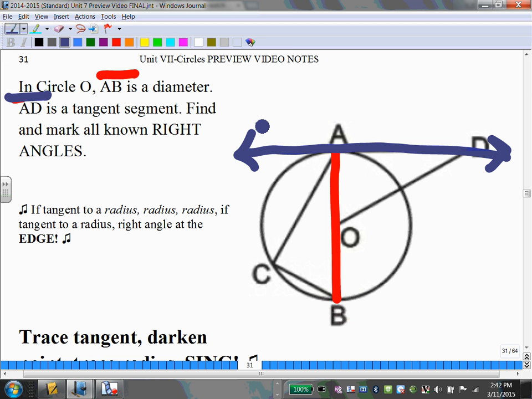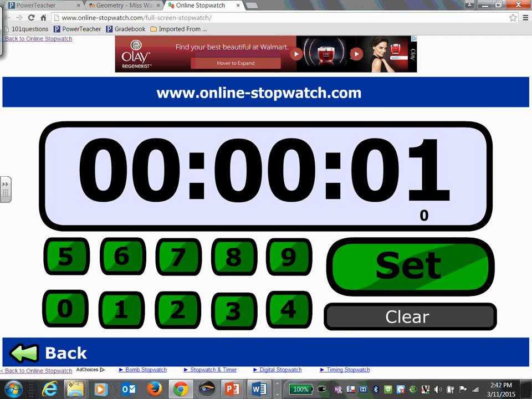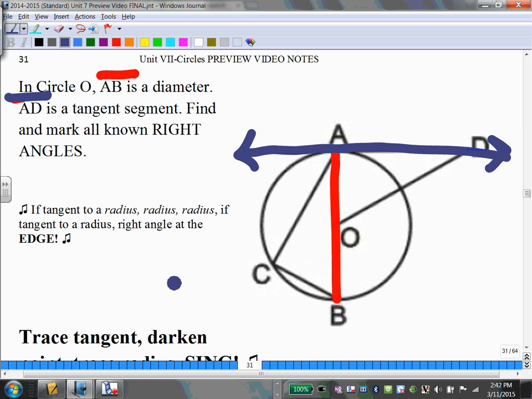I want you to find as many right angles as you can, but just because I say right angles plural, it doesn't mean it is plural. But see if you can find any and all right angles. You have 1 minute, go. Actually, I'm only going to give you 30 seconds because it should be that quick. Ready? Find all possible right angles, go.